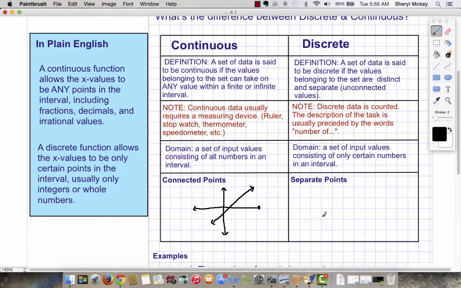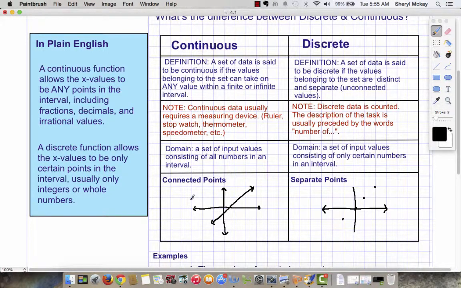But in discrete, they are not connected. So you might have a point here and a point here, point here, point here, but they are not connected. Each one of these is its own solution, but whatever's in between it is not a solution.